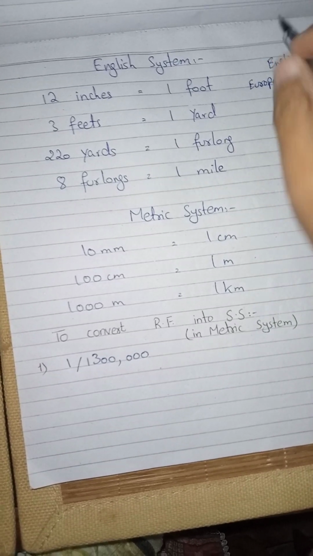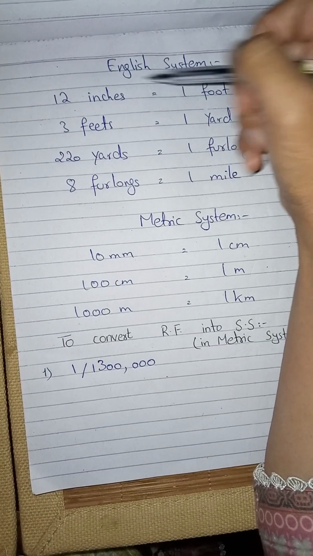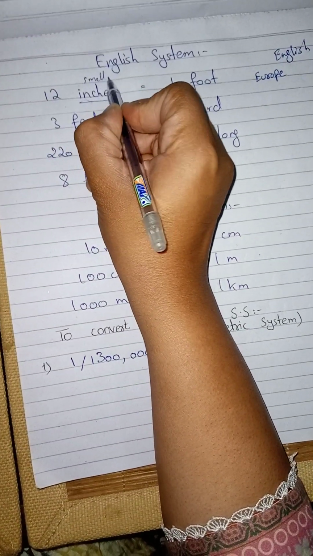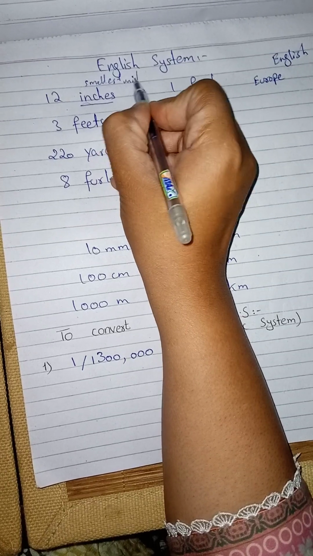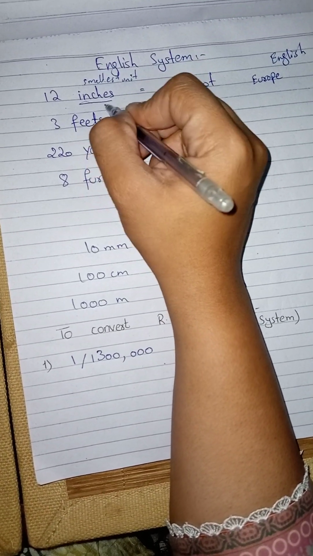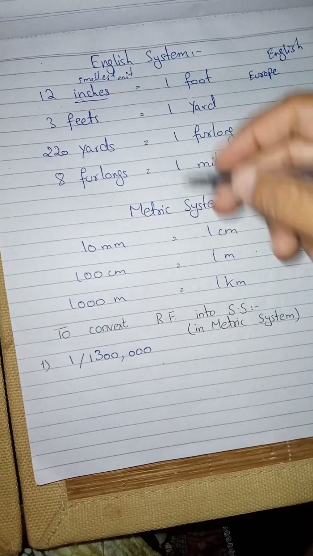In 1 foot we have 12 inches, and the inch is basically the smallest unit in scale. This smallest unit helps to convert other features.